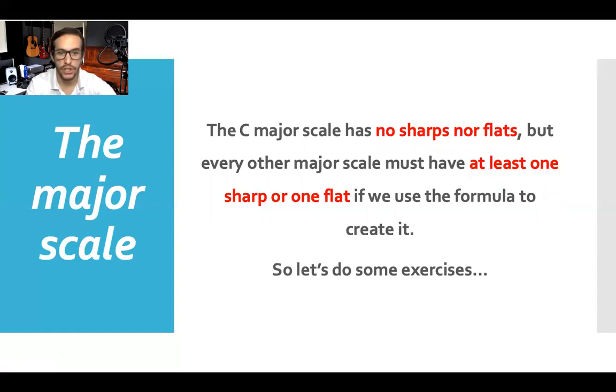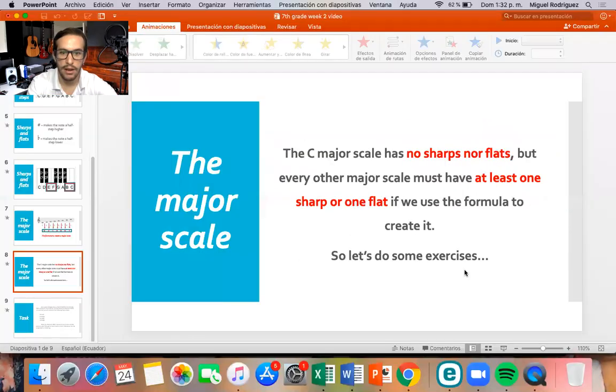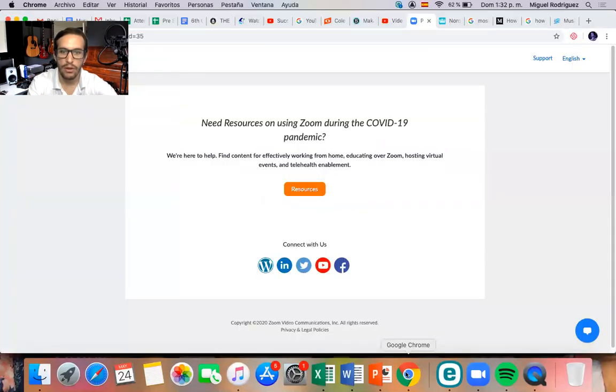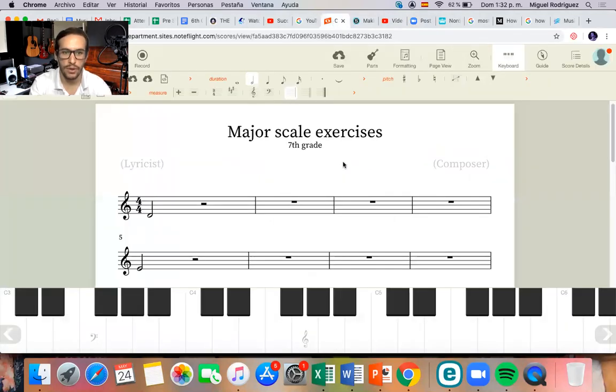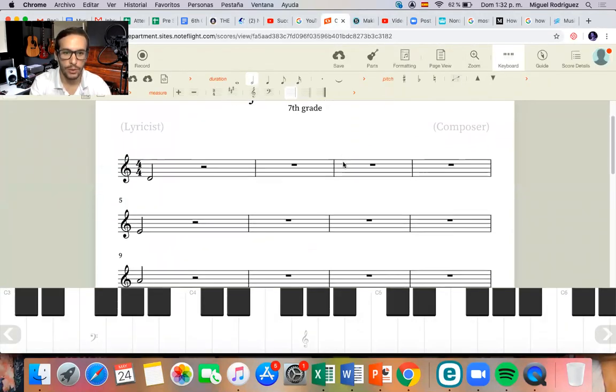So let me just change my screen and we're going here. Okay, so here we're going to construct the major scales. If you see on the bottom, I have a keyboard and I have the first exercise starting with D. Remember, this is going to be D, okay?